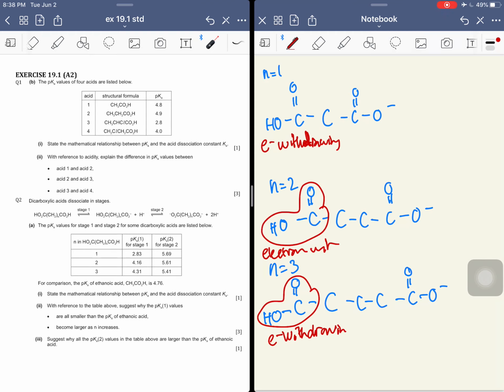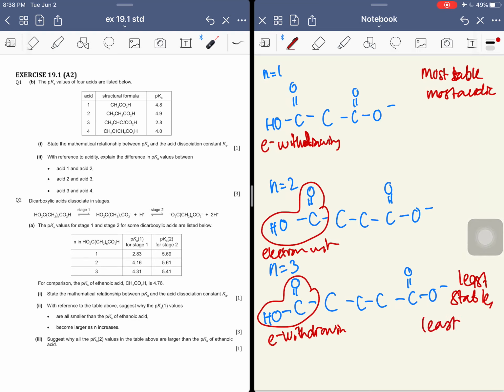Based on the pKa value, n equals 1 is the most stable, most acidic, because its pKa value is the lowest, and n equals 3 is the least stable, or we say least acidic. The reason, I hope it is obvious, is distance.